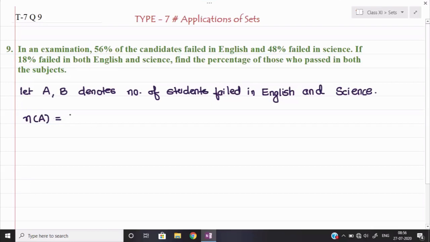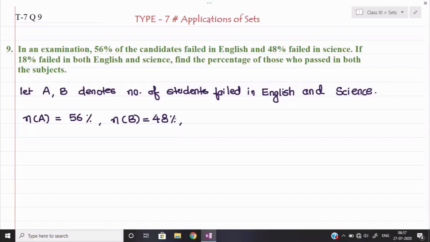So N of A is equal to 56%, comma, N of B is equal to 48%. Right? That is clearly set because 48% are failed in science.